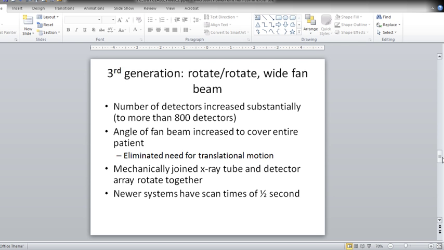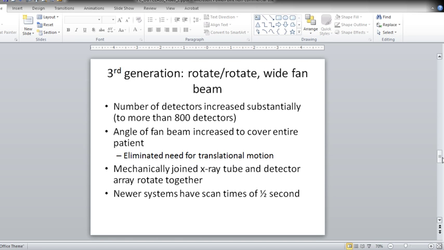Coming to the third generation, the movement of the source and detector is rotate then rotate. The source here is a wide fan beam, and the number of detectors also increases. In the second generation there are 30 detectors; now in the third generation we use 800 detectors.